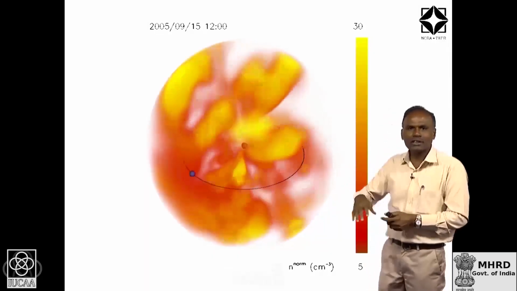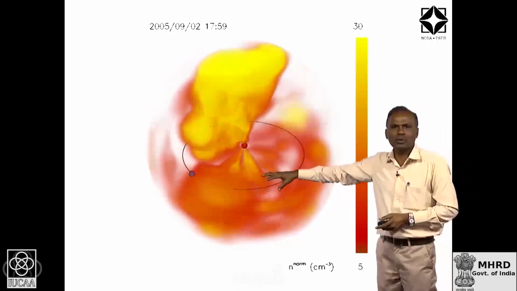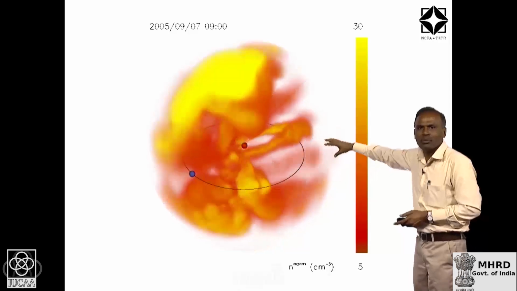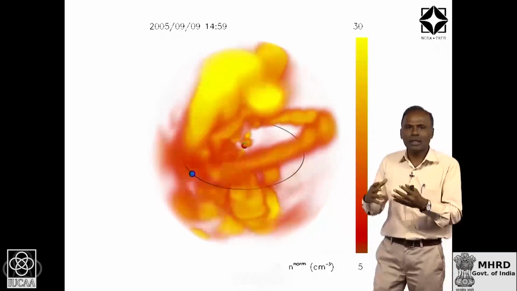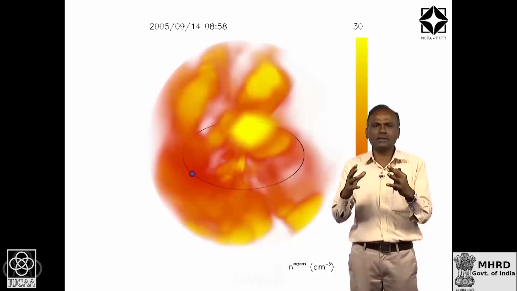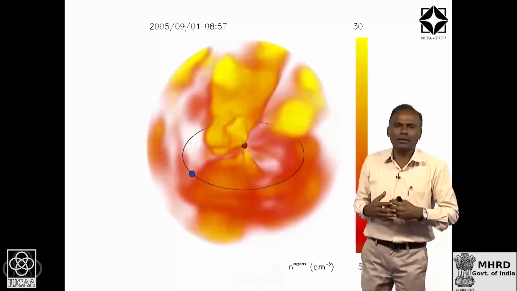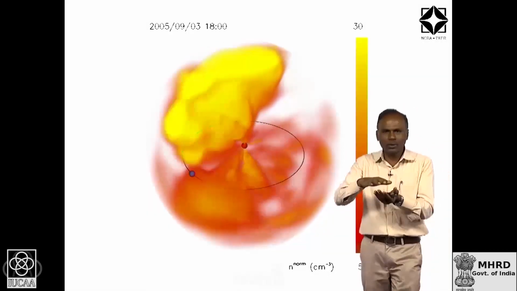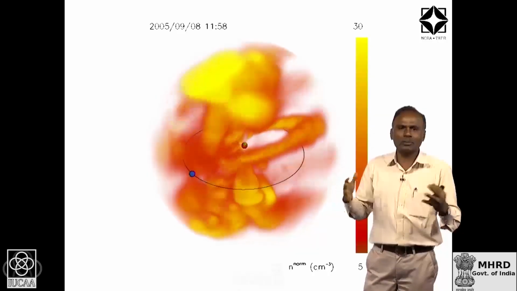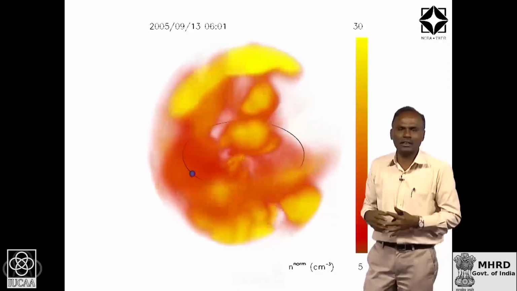For example, you can see in this movie, you can see a big flux rope. Yeah, you can see this one. Yeah, the flux rope coming out of the sun and moving away. So here the flux rope is associated with the expanding magnetic cloud actually. So, you can see the toroidal expansion versus the poloidal expansion. So, how different the toroidal and poloidal expansion.